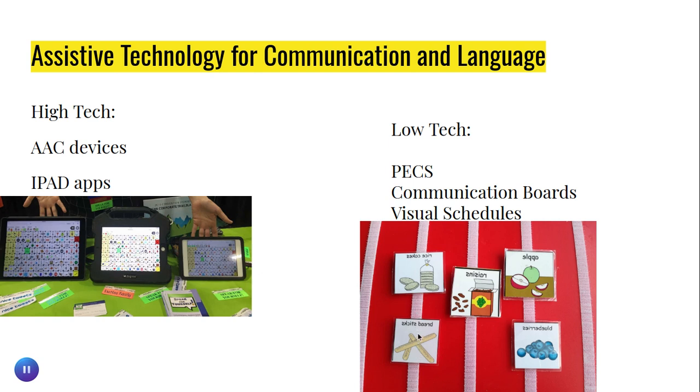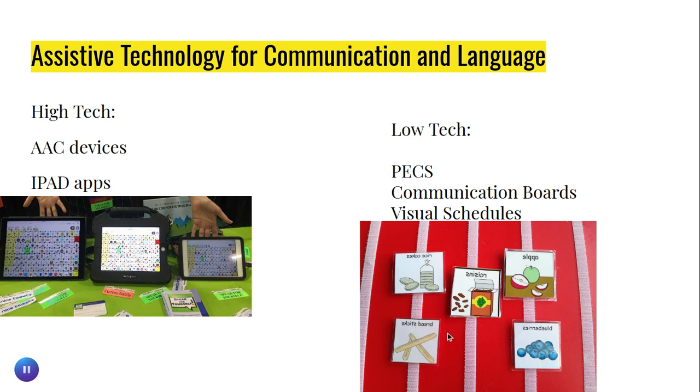The teacher can also use them to communicate with the student. A lot of times it just starts off with them using these pictures to request their wants and needs. Then from there, they can learn to add in more words so that they're putting full sentences together. Visual schedules can be made pretty much in a similar way.